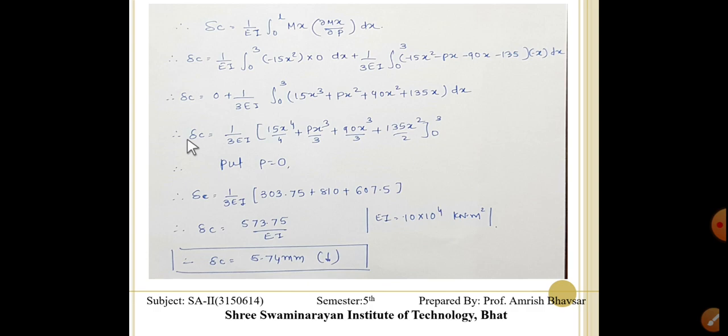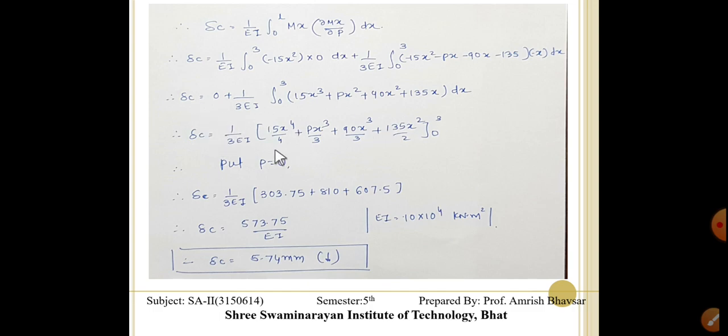So, delta C is equal to 1 upon 3EI, and the integration of these values, that is 15x raised to 4 by 4, plus px cube by 3, plus 90x cube by 3, plus 135x square by 2, and the limit is 0 to 3. Now, put the value p is 0, so the second term is 0. Now, put x equal to 3.